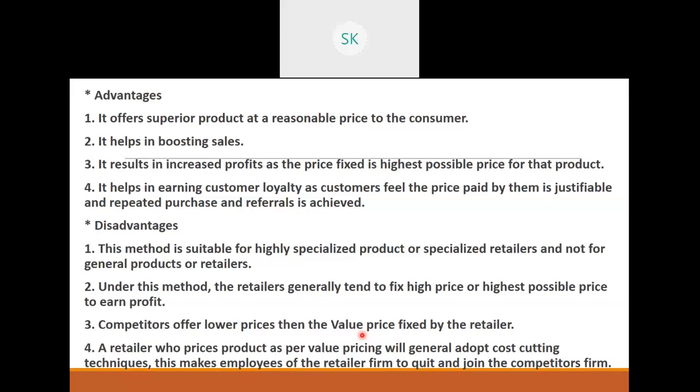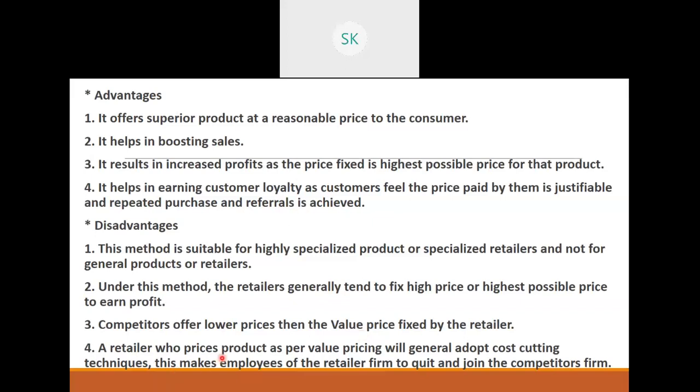When they keep the value pricing, that is the reasonable amount whatever they wanted to collect, there may be many other companies who come up with much lower prices. Okay, the competitors can say, if Reebok is giving at 1500, now Nike will say, okay, I will give the shoes at 1000 rupees. So there are a lot of other competitors who want to come here and do their business.